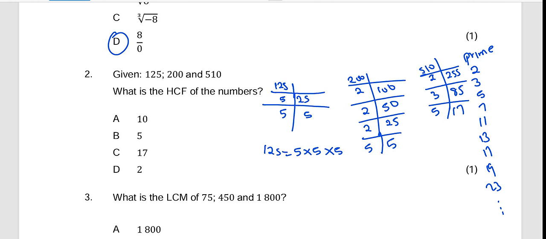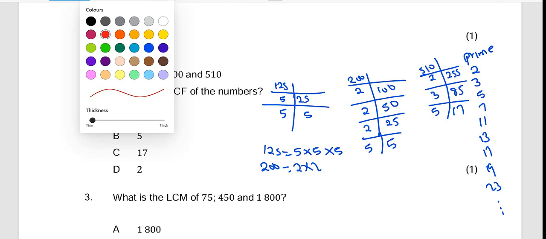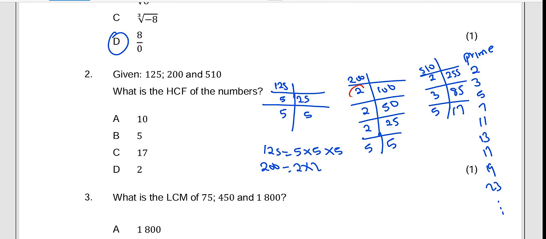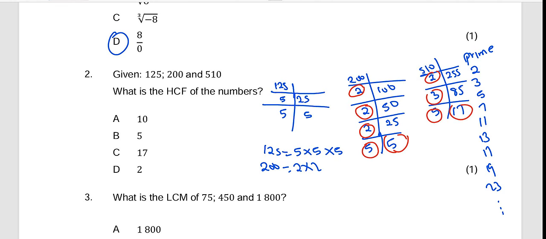And then what are the prime factors we have for 200? Here, it's 2 times 2. Please circle all the prime numbers. These are prime numbers. This is my prime number, and this is my prime number.